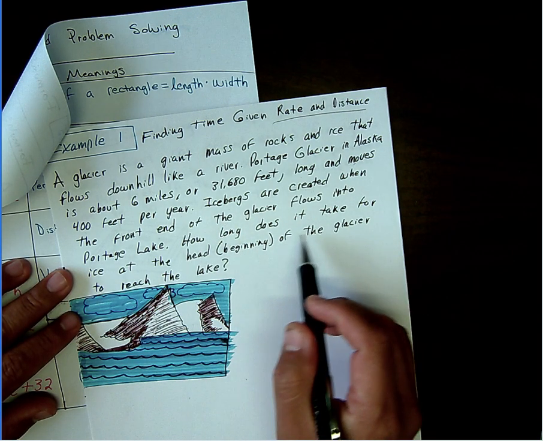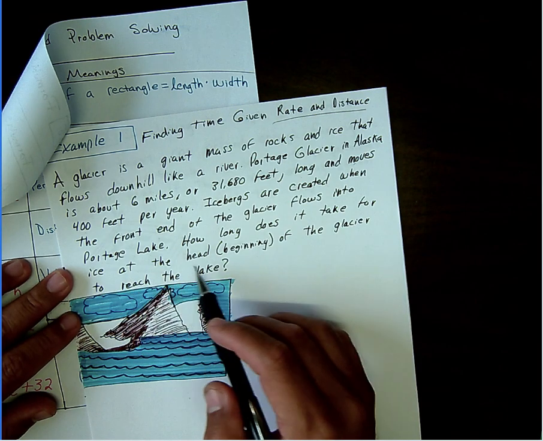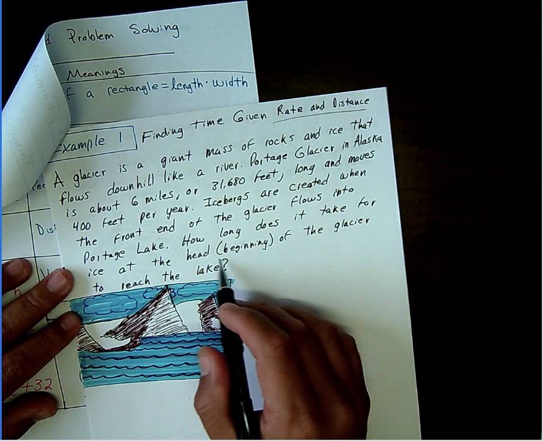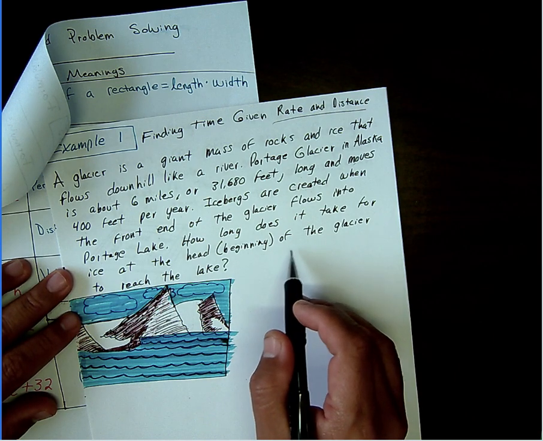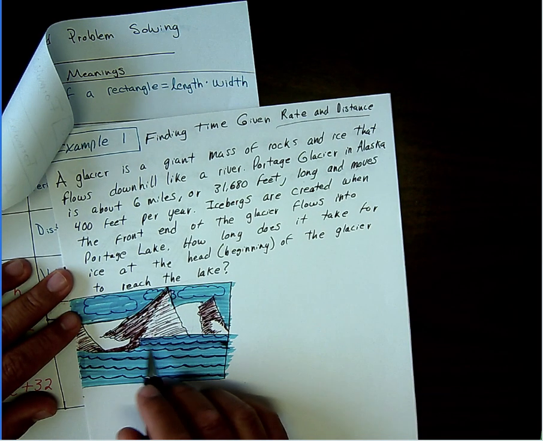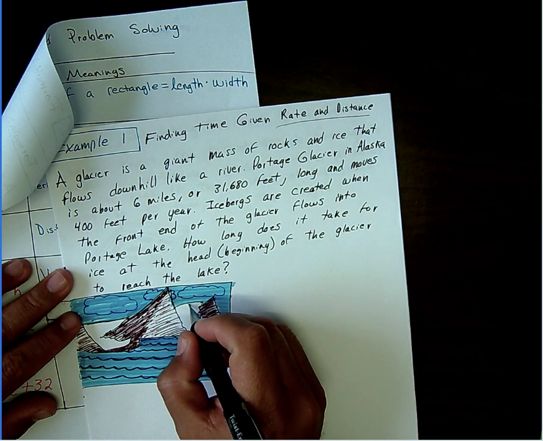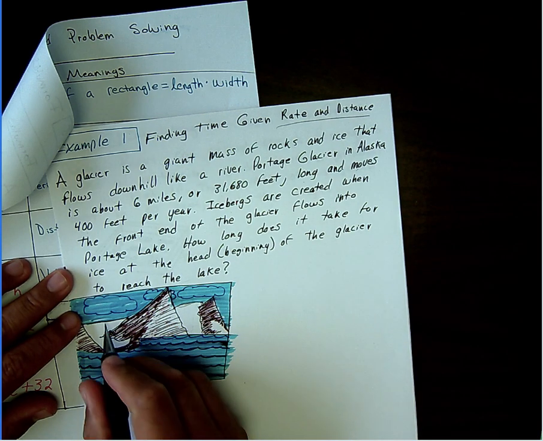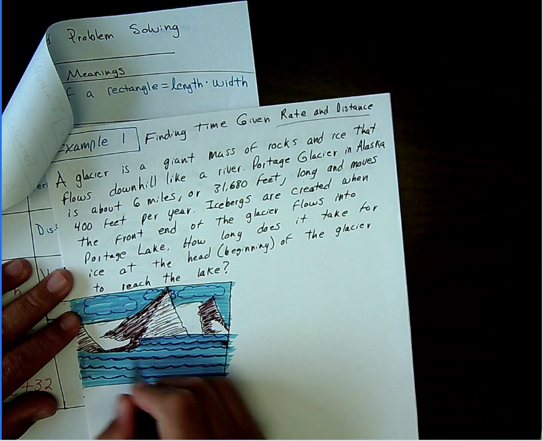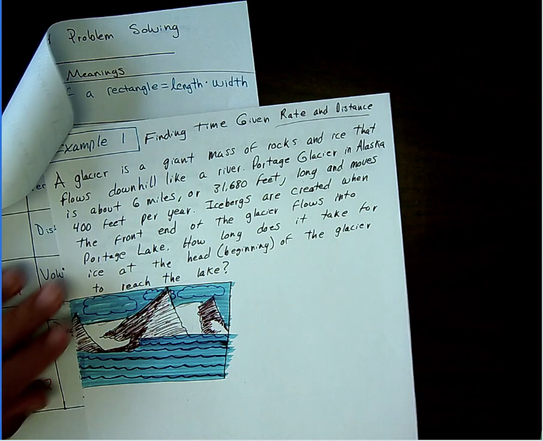How long does it take for ice at the head, at the beginning of the glacier, to reach the lake? So maybe the ice, I don't know, did they say that's the beginning of the glacier, this part right here, or this one, how long does it take to flow to the lake?